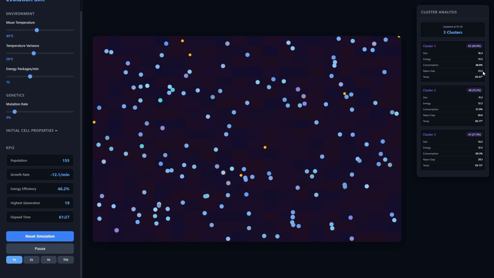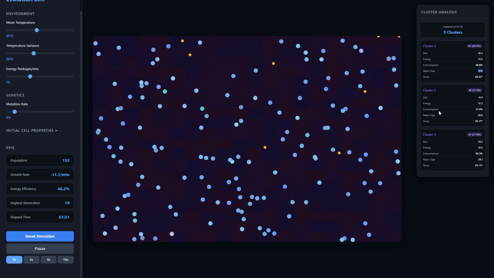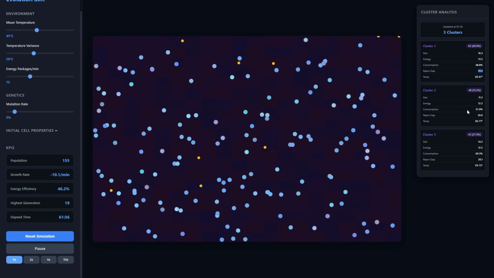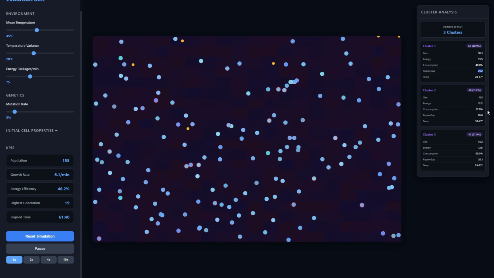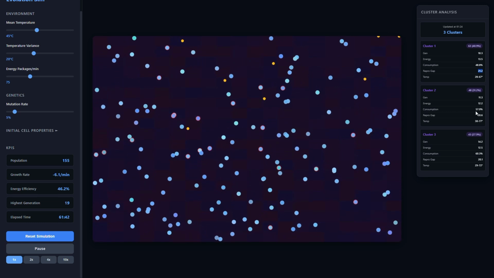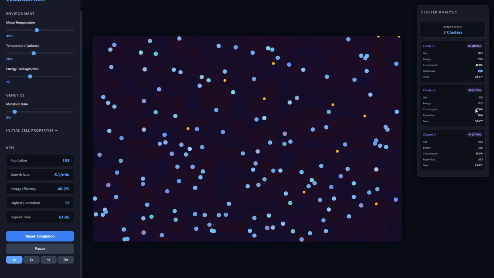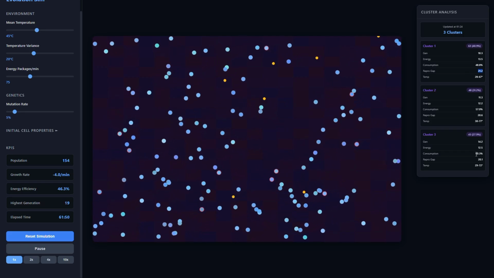I can't explain this one right now, so let's go further with the analysis. But if you observe cluster 2, you can see that the consumption rate increased to 57%. So this cluster is capable of consuming energy more efficiently than the other cluster, and also cluster 3 with 60%.